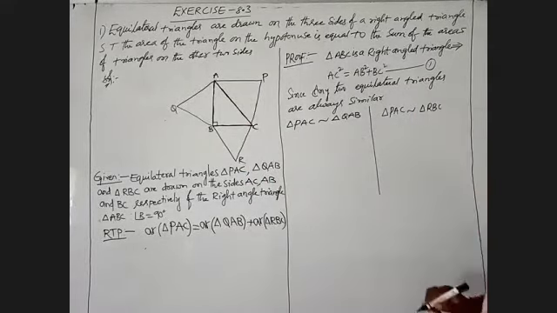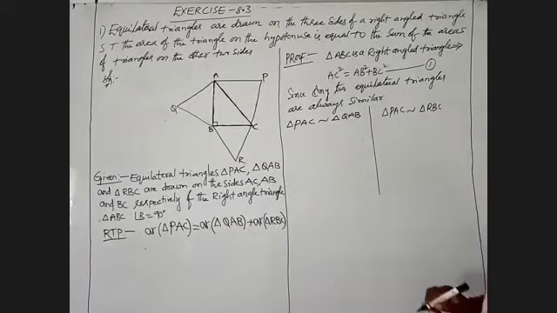Next, again, this also we have to write as area of triangle RBC by area of triangle PAC is nothing but BC whole square by AC whole square. This is equation number 2.